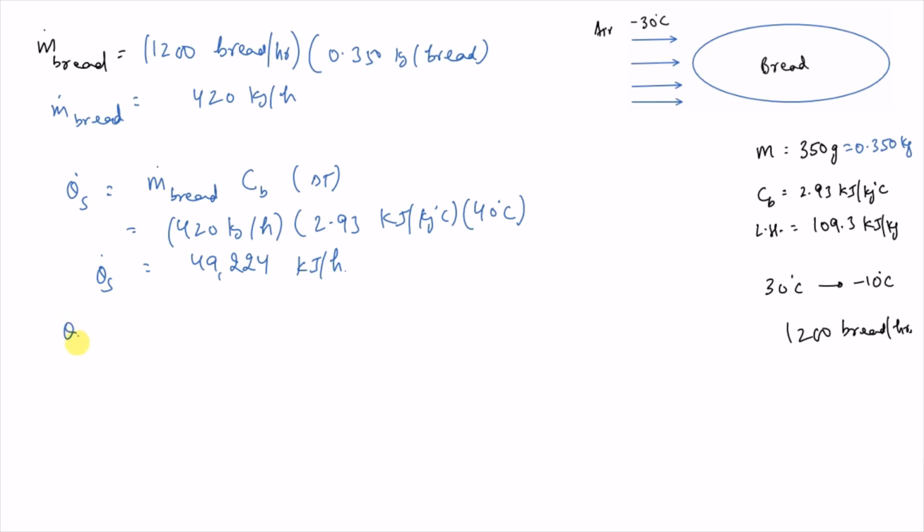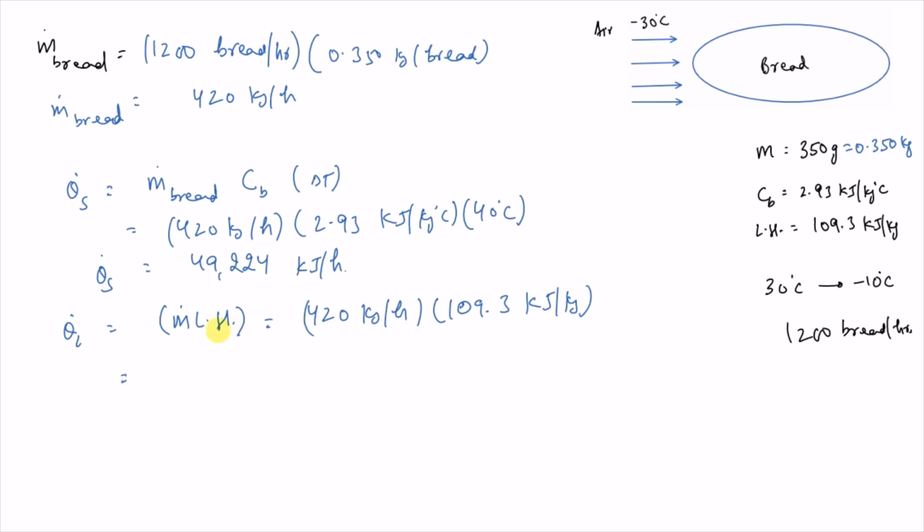Next we'll be calculating the latent heat removed, and we know its formula is m dot times the latent heat, or basically we can write this as m dot times LH, and m dot we have calculated as 420 kg per hour, times latent heat, 109.3 kilojoule per kg.